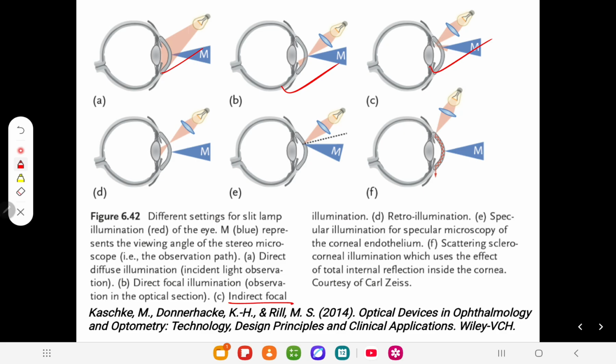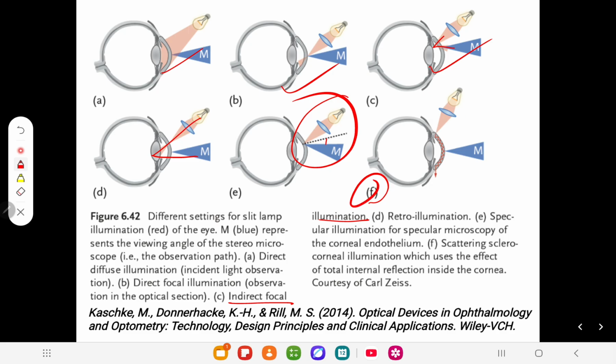Indirect focal illumination. Basically, C means indirect focal illumination, not directly but indirectly. Here, posterior, and then obviously it's retro. And D, it's retro, isn't it? Yes. E, the angle of incidence and angle of reflection, what is it? Specular reflection for the surface, definitely. F, can you see what this is? Sclerotic scatter, isn't it? Yes.